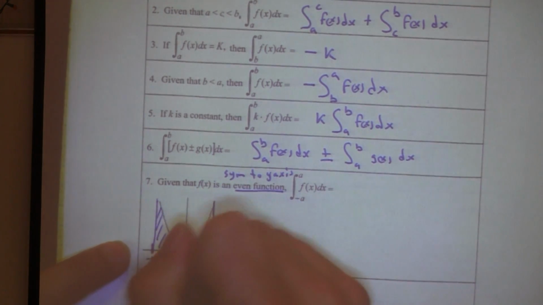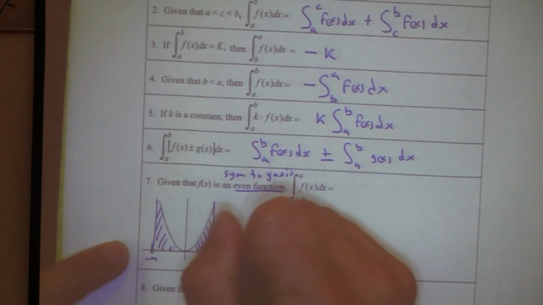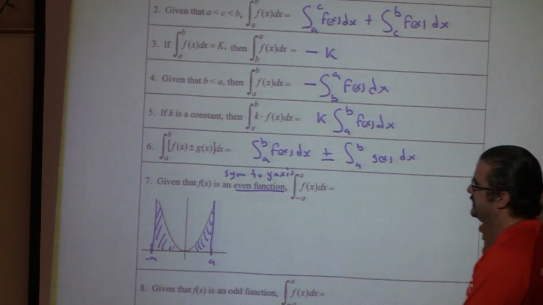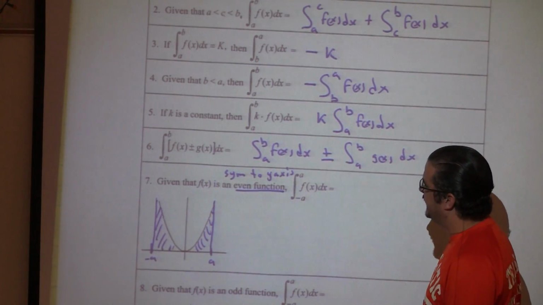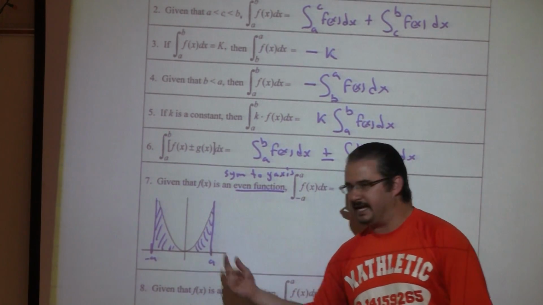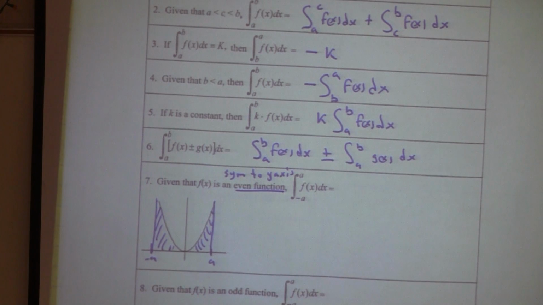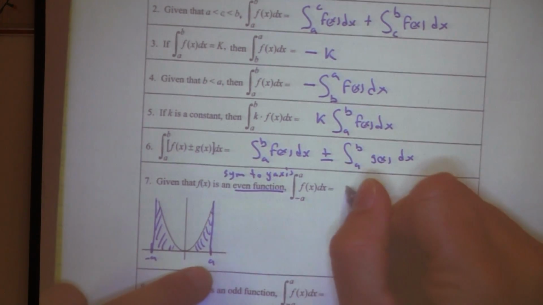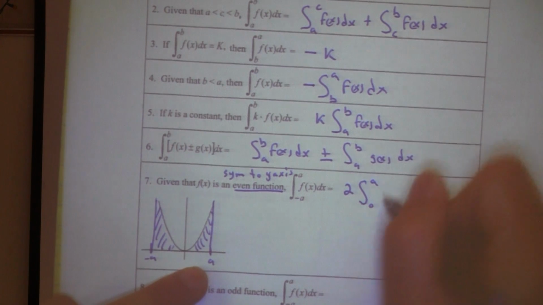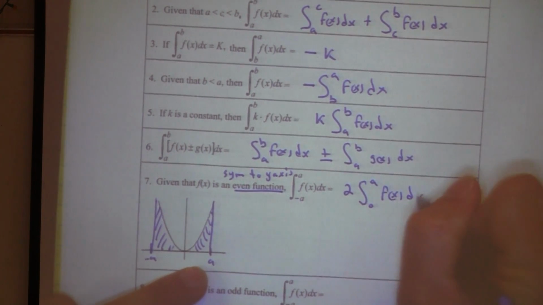This area here is going to be what compared to this area? Equal, right? Okay. So going from negative A to A would be the same as going from 0 to A how many times? Twice, right? So we could say that this is equivalent to 2 times the integral from 0 to A of f of x.